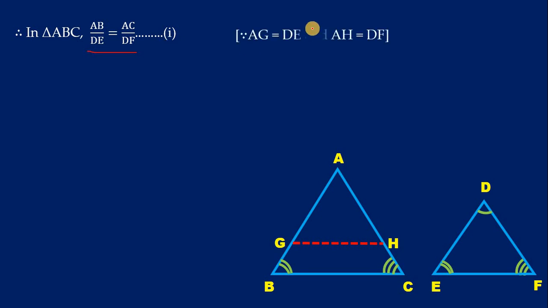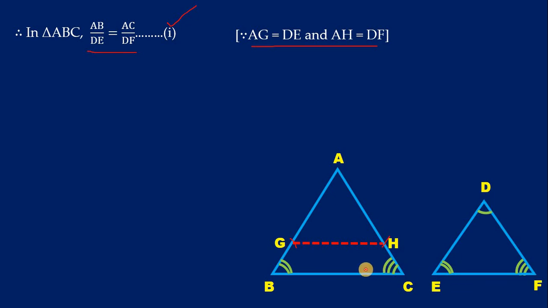and the reason is we have got this from the construction, and this you have to call equation number 1. And this equation number 1 we have proved by taking points on AB and AC. See, by taking point G on AB and H on AC, we have shown AB by DE is equal to AC by DF.